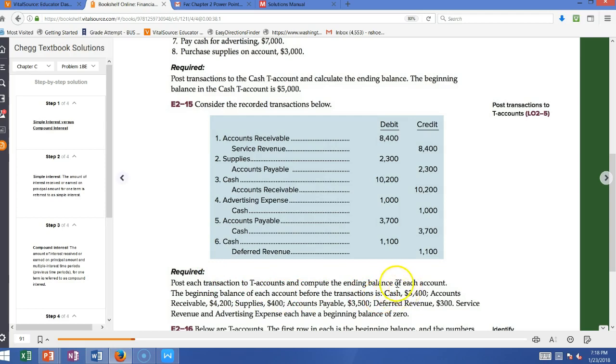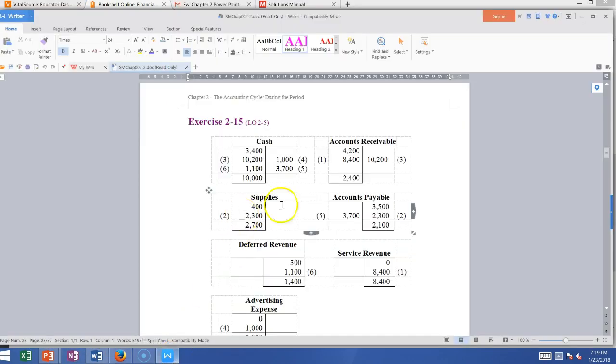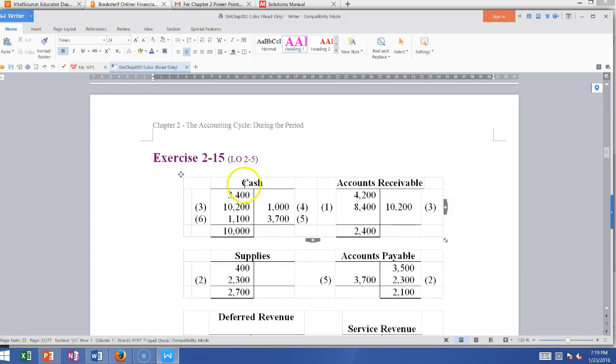So the beginning balance of cash is $3,400. Are we going to put that on the debit side or on the credit side? It's an asset. So you're going to write the word balance, even though this doesn't show balance. But you see here the $3,400, this is what we began the account with.